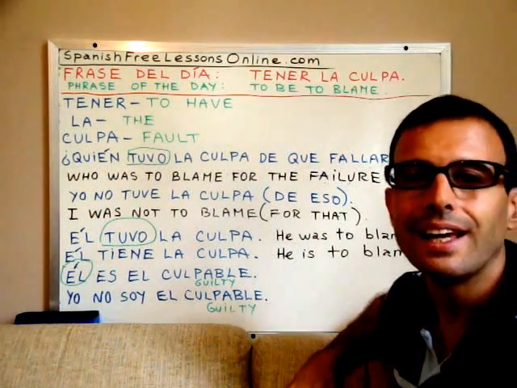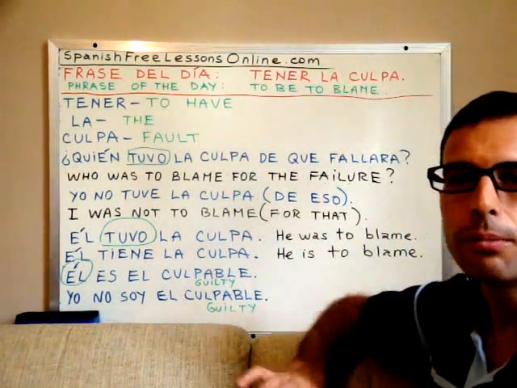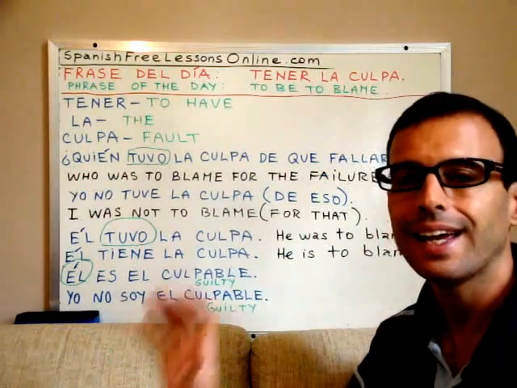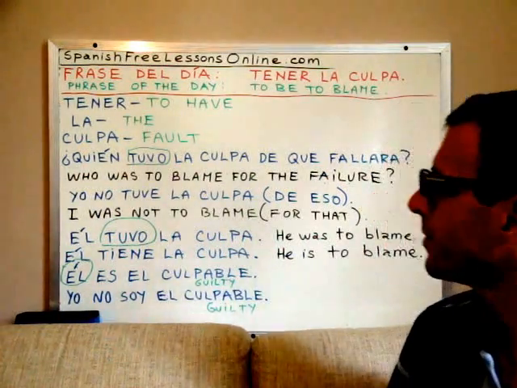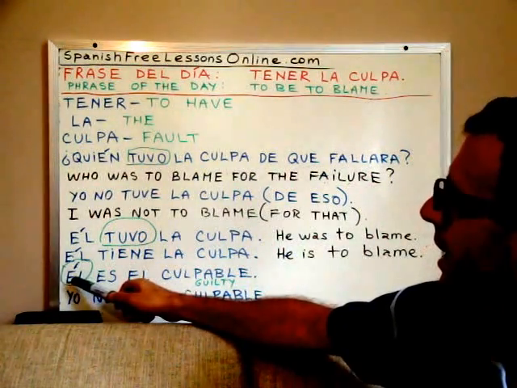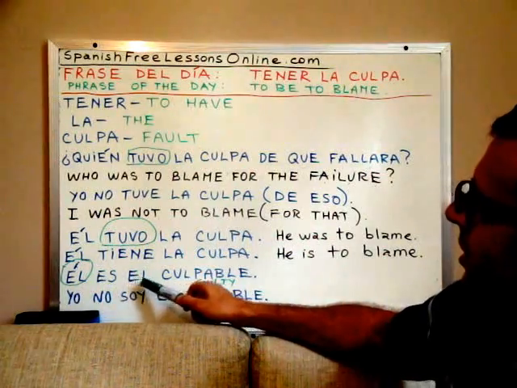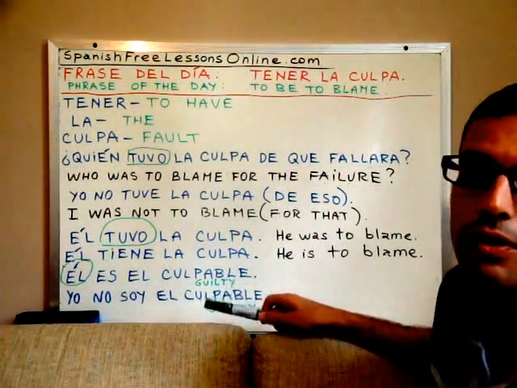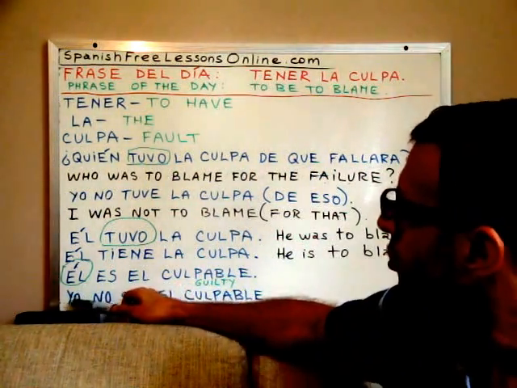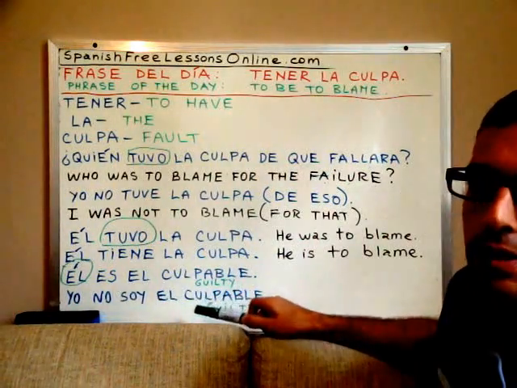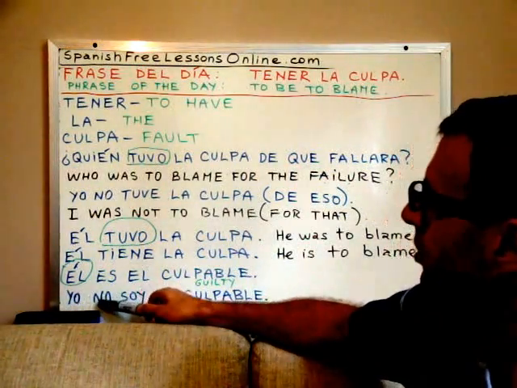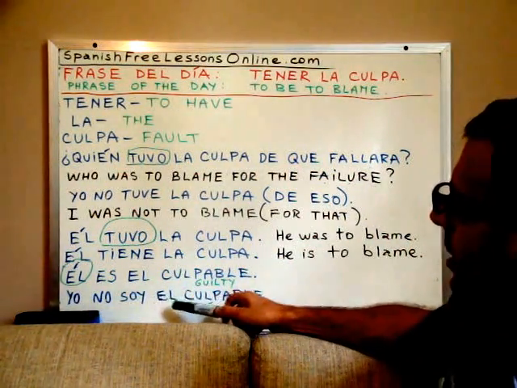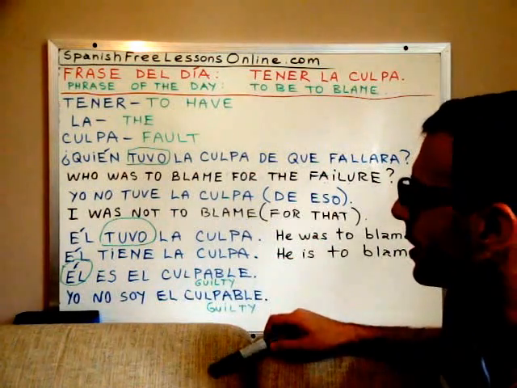So, él es el culpable, we are accusing somebody very, very harshly. He is guilty. He is the guilty, right? Or the guilty one. Yo no soy el culpable. I not am the guilty, or the guilty one.